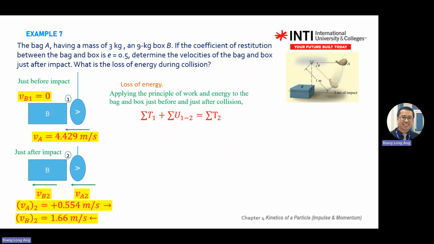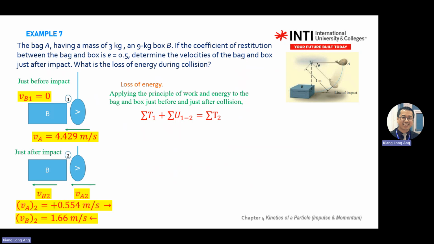the loss of energy. For the loss of energy, we need to call back the principle of work and energy and not conservation of energy. Conservation means no loss of energy. But if the question asks you about loss of energy, you need to use the principle of work and energy, which you learned and came out in your test one a few days ago.